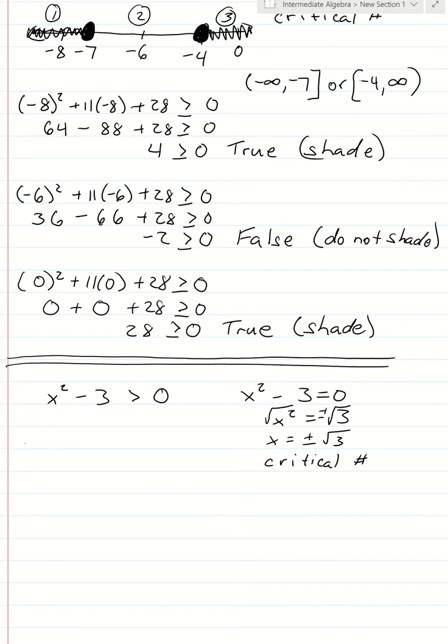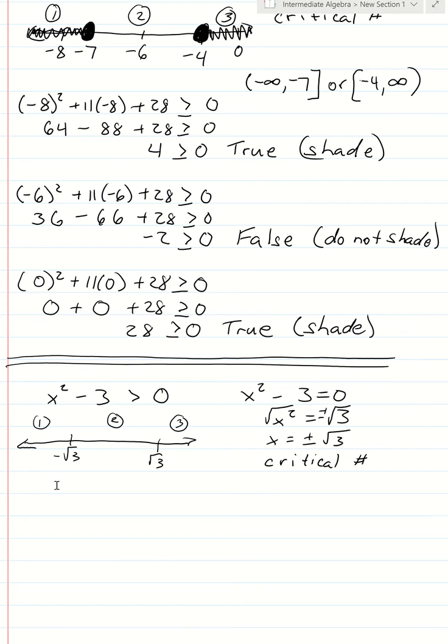Those are, once again, the critical numbers. So I have to go to my number line, and I'm going to put the critical numbers of the negative square root of 3 as well as the positive square root of 3 on the number line. And once again, we have formed our 3 regions on the number line. And so we need to pick some numbers.